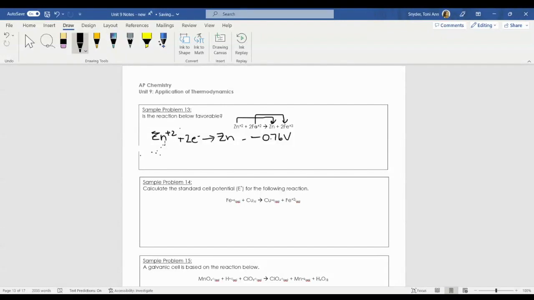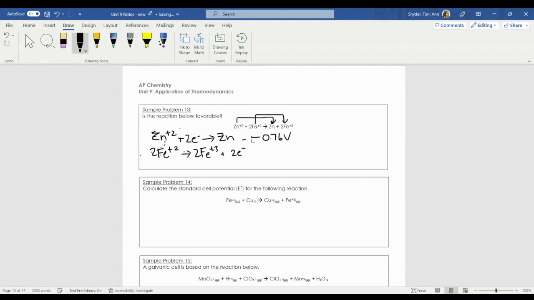But I look on that chart and I find that 2 Fe plus 2 gets oxidized in this reaction and produces Fe plus 3 and 2 electrons.